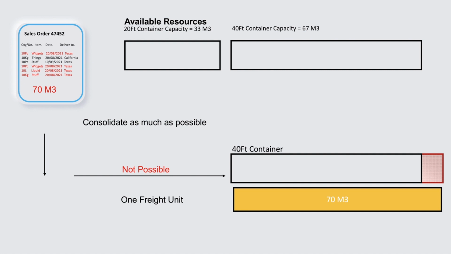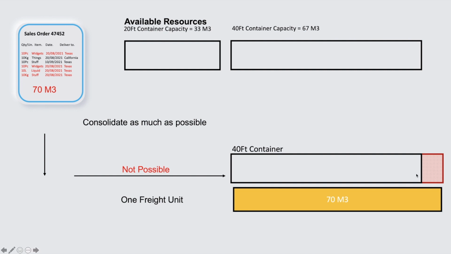However, when I then go on to planning, I find myself in a bit of a pickle because I have this 1 freight unit of 70 cubic meters, but the biggest transportation resource that I have at my disposal is that 40-foot container, which is 67 cubic meters, meaning that it's impossible for me to put my freight unit into those transportation resources that are at my disposal.